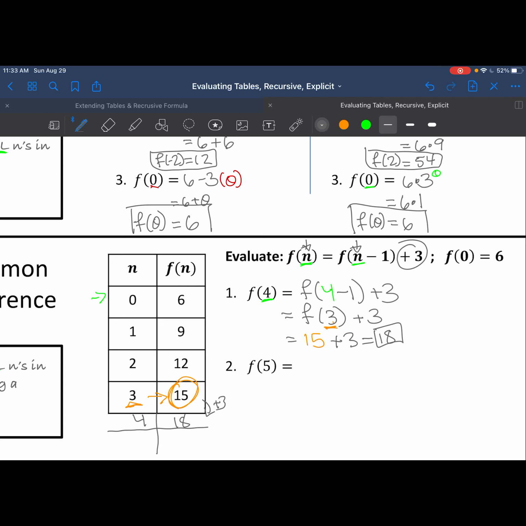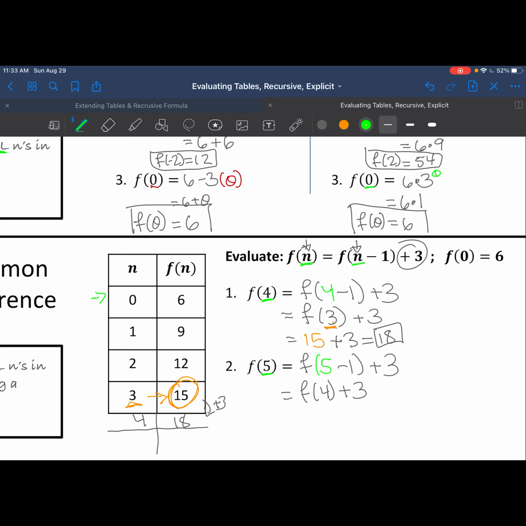All right, let's look at this next one. Now we are given n equals 5. So we have f of 5 minus 1 plus 3. Well, 5 minus 1 is 4. So now we have f of 4 plus 3. Well, we know what f of 4 equals. We just solved for that.